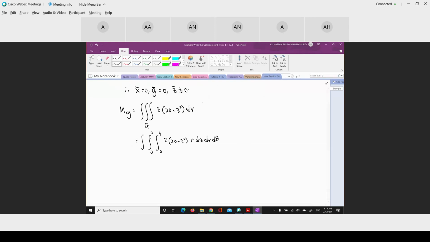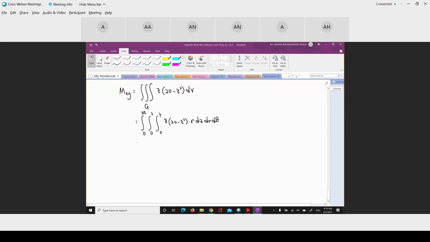And it is a full cylinder, so theta is between 0 up to 2 pi. You see all the limits are numbers. And the integrand can be viewed as a product of a function of z, a function of r, and a function of theta. So I can write this as a product of three integrals.